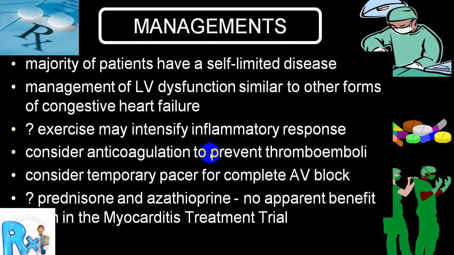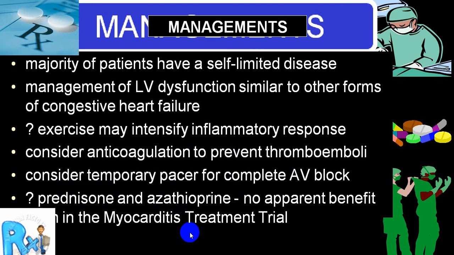Anti-inflammatory drugs, prevention of thromboembolism by anticoagulation. Treatment of blocks, maybe by temporary pacemaker. And as far as autoimmune is concerned, prednisolone, or we call it corticosteroid, with immunosuppression treatment may be useful.